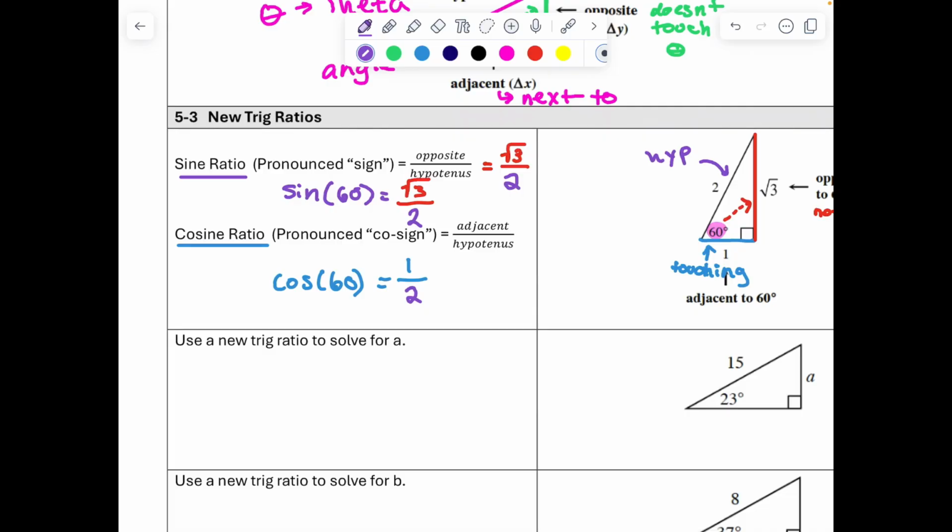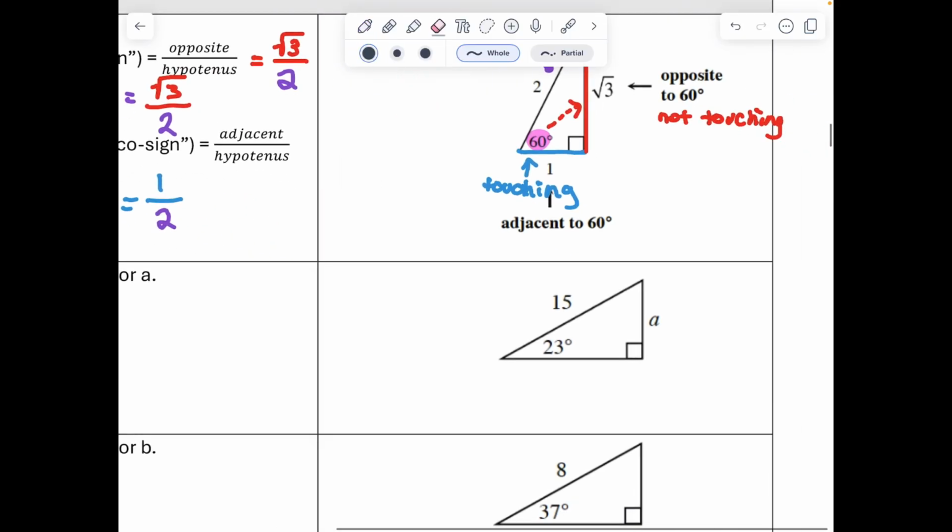So we're going to use a new trig ratio to solve for A. Here is our angle that we're focusing on right here. Right now it's in the bottom left corner, but again, it doesn't need to be. This is the hypotenuse right here, 15. And then this A is not touching the 23 degree, it's opposite.